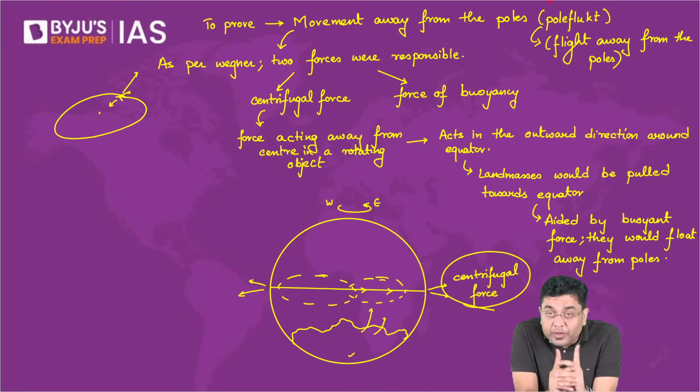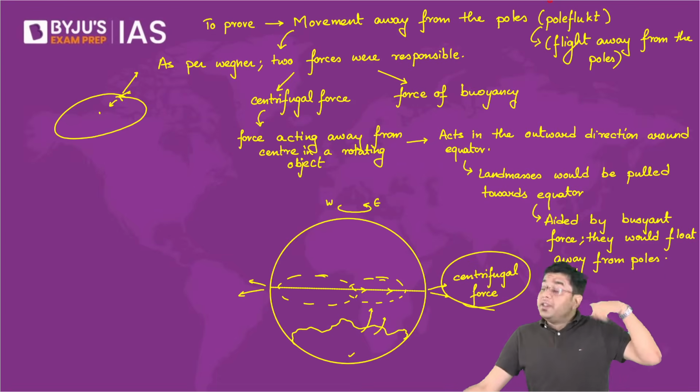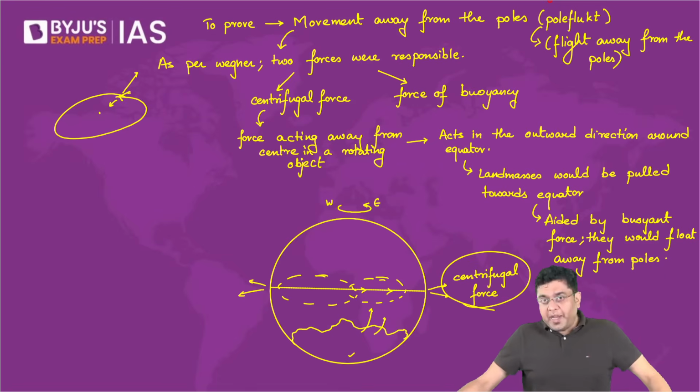So the contribution of Alfred Wagner should always be highlighted in the answer in positive light, whether you are writing it for GS, for the mains or for the optional. What he did, the evidences that he looked into, were correct. The very imagination that the continents could move, that in itself was path breaking.